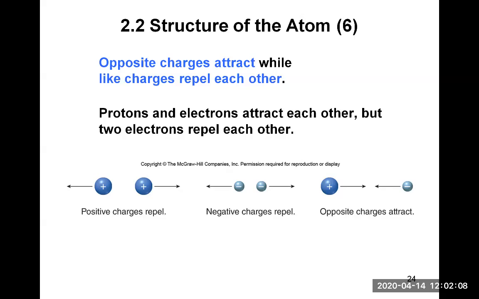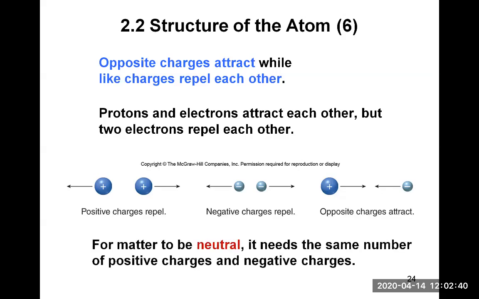And like charges means two negative charges will repel each other, or two positive charges will repel each other. So in the atom, the protons, which are positively charged, and the electrons, which are negatively charged, will be attracted to each other because they are oppositely charged. But two electrons will repel each other, and two protons also repel each other.